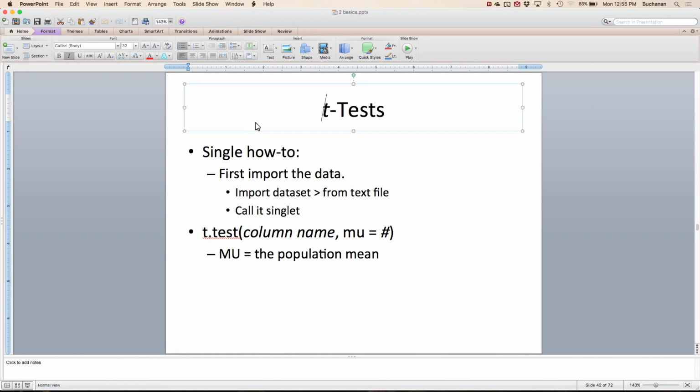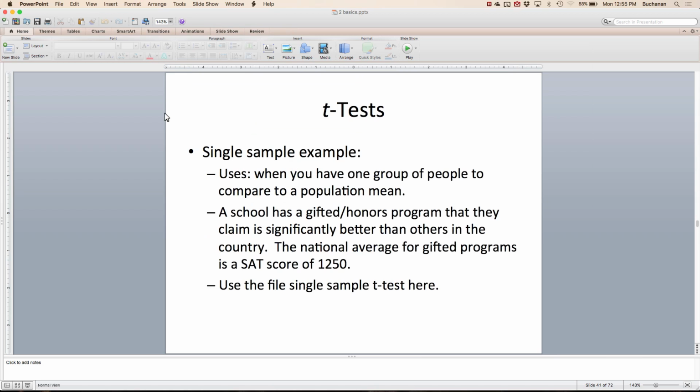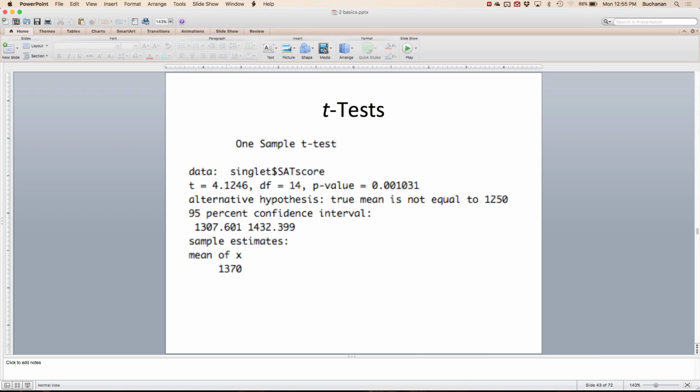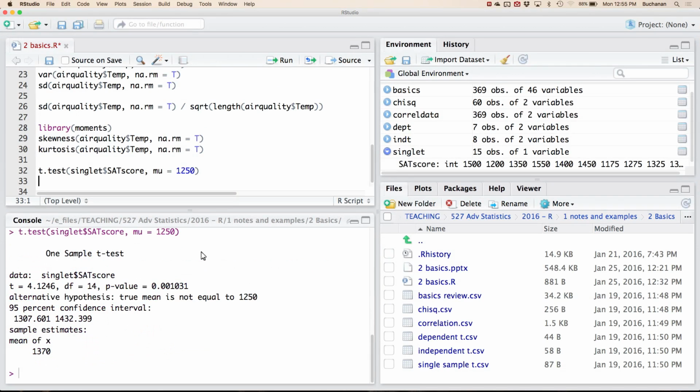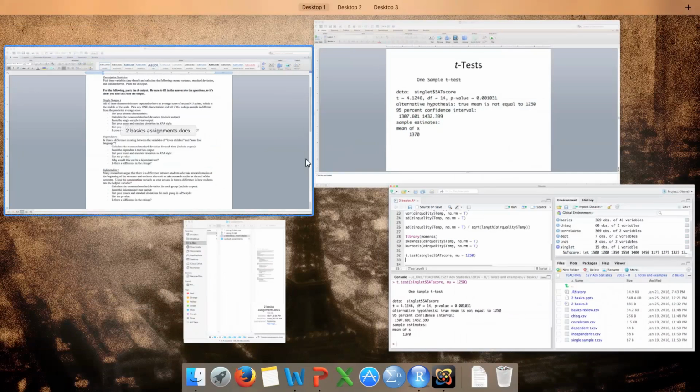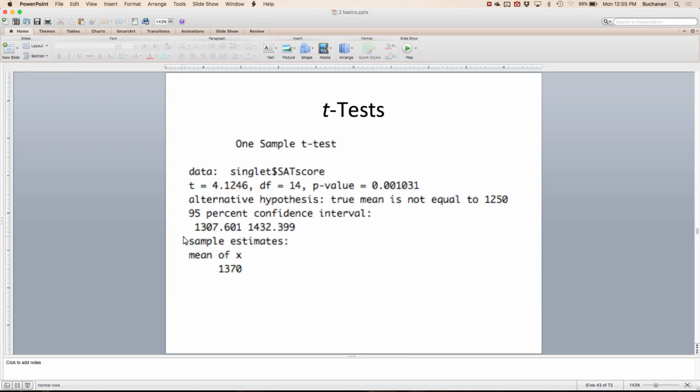Why 1250? Because this is what they said the national average was. Single T, $ sign. All right. If you run that, you should get this slide.